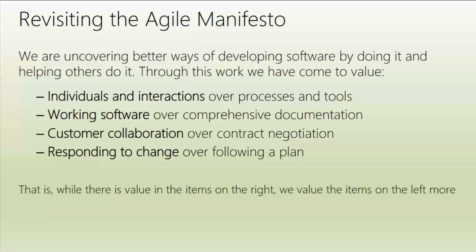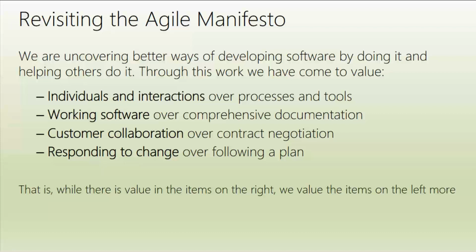So, most focus today, for example, in developing software or writing software apps, is on processes and which tool to use. Whereas the real impact has to be on the individuals and interactions among those individuals. So you have a dev team, you have an ops team. So what goes between them is really what counts.